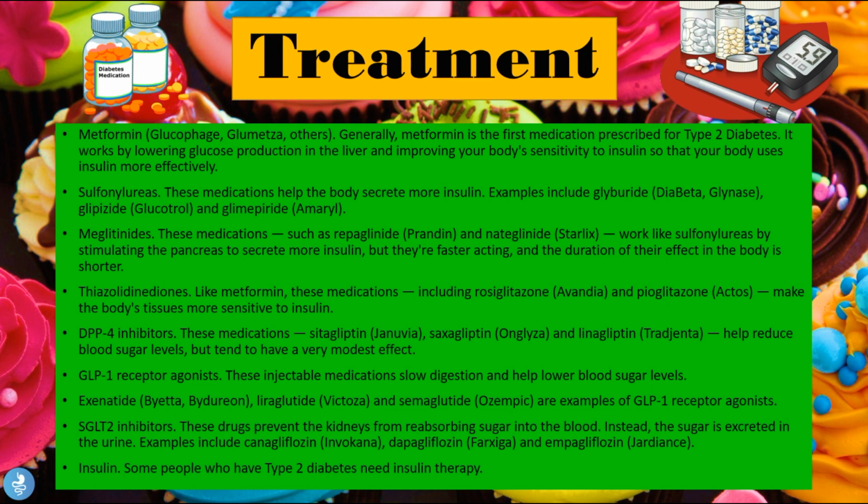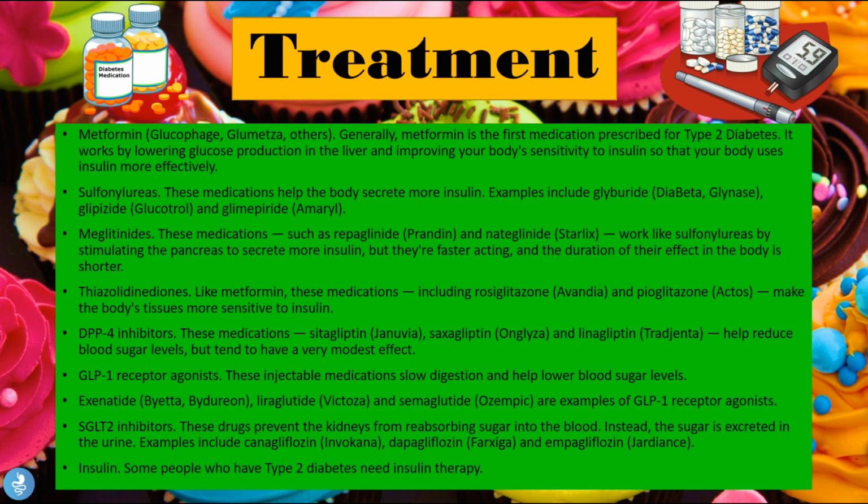Some common diabetic drugs include Metformin, which is commonly known as Glucophage, Glumetza, or others. Generally, Metformin is the first medication prescribed to patients for type 2 diabetes. It usually works by lowering the glucose production in the liver and improving the body's sensitivity to insulin, so that the body uses insulin more effectively.